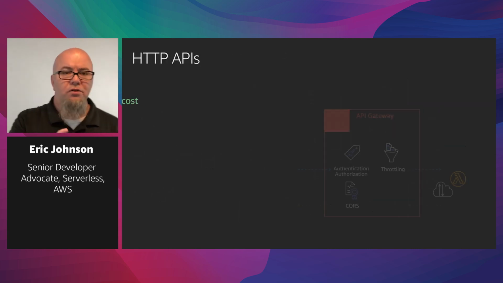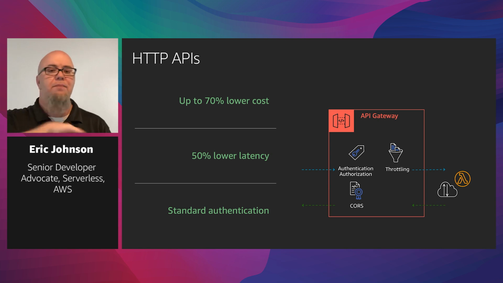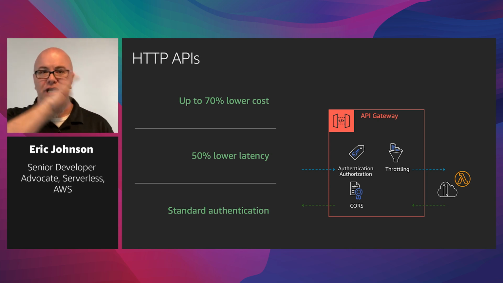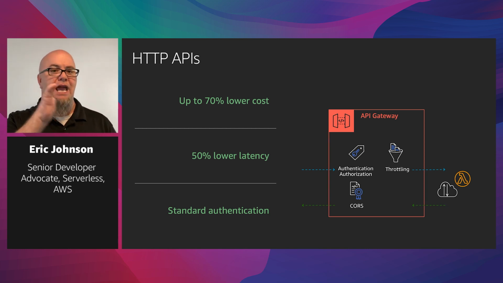However, we know that a lot of customers are saying, look, that's just my front door. The front door is very important, but I'm not using all those other features. And so API Gateway becomes pretty expensive for just proxying maybe a Lambda or something like that. So at re:Invent 2019, and GA earlier this year, we released HTTP API.